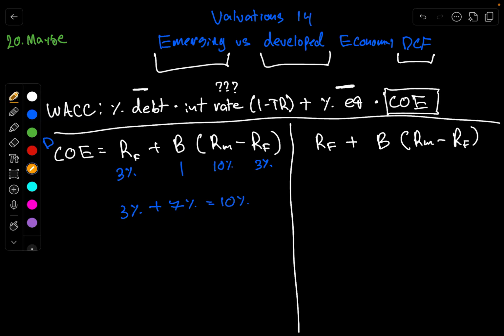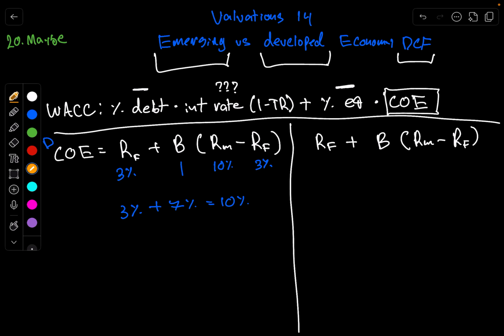Well, let's look at an emerging economy. In an emerging economy, typically the risk-free rate is higher because that country hasn't really proven that they truly are as risk-free as some of these other developed countries. Even if you were to loan your money out to a country in an emerging economy, you would say that is riskier than loaning your money out to the United States.